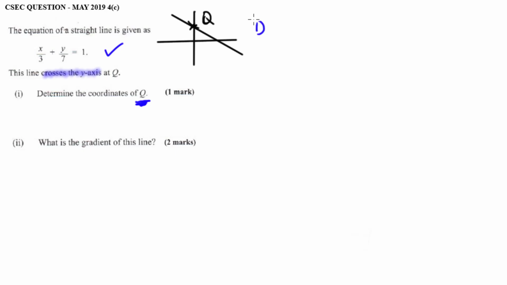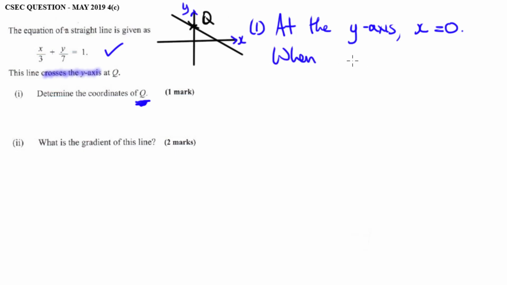So let's try it out. At the y-axis, x is equal to 0, because it's right on the y-axis here. This is our y-axis, that would be our x. When x is equal to 0, in our equation it becomes a third of 0 plus a seventh of y is equal to 1. Now we can solve for y.